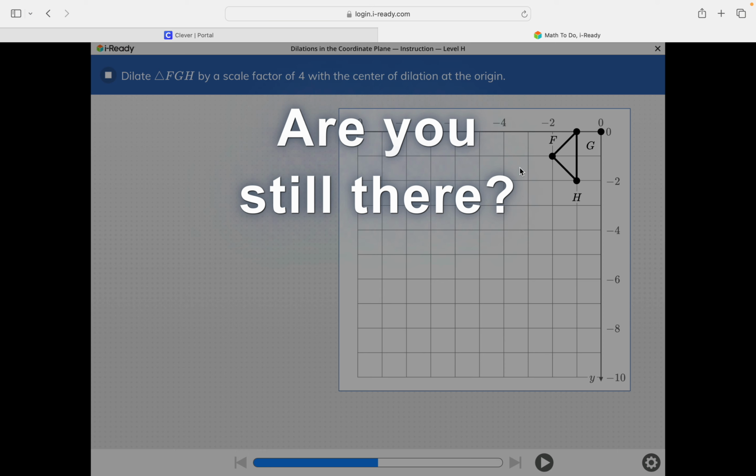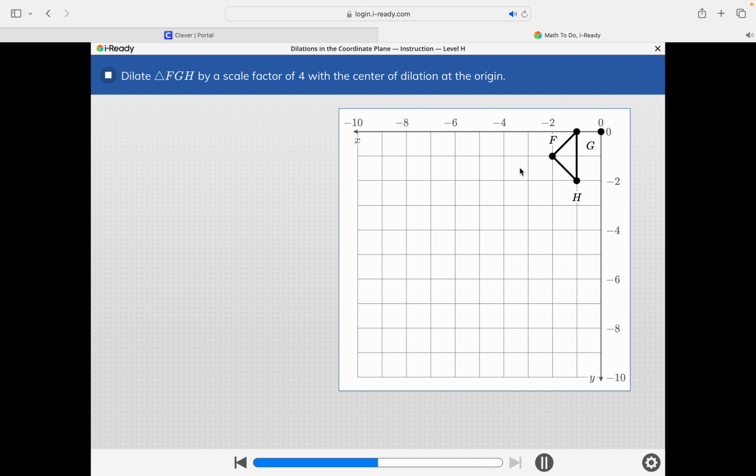Now plot that point. Dilate triangle FGH by a scale factor of 4, with the center of dilation at the origin. Now graph the dilation. First move the F prime. F to the origin 0.